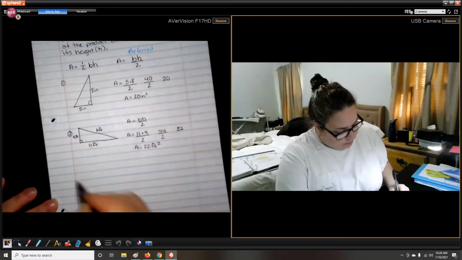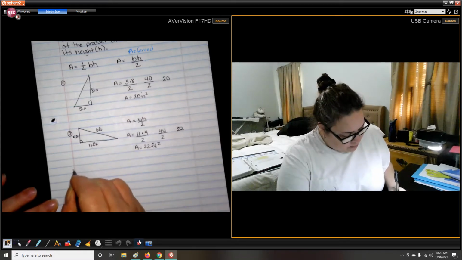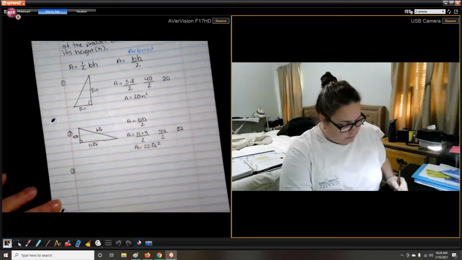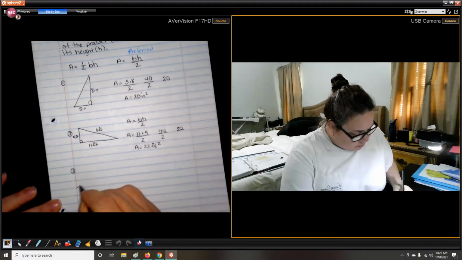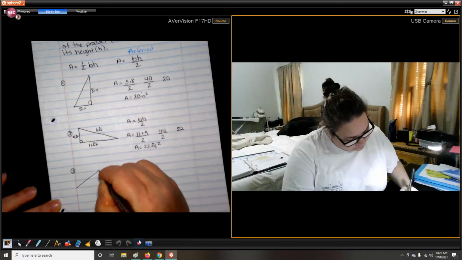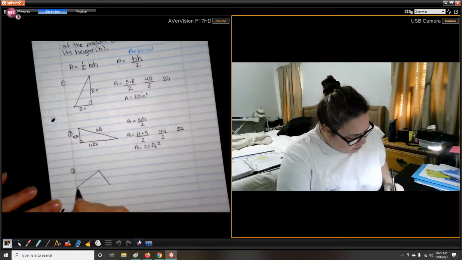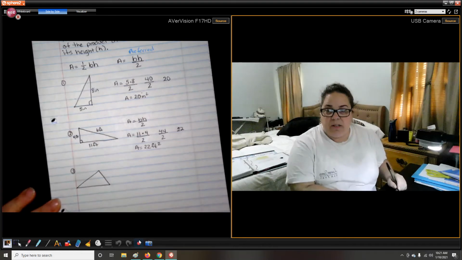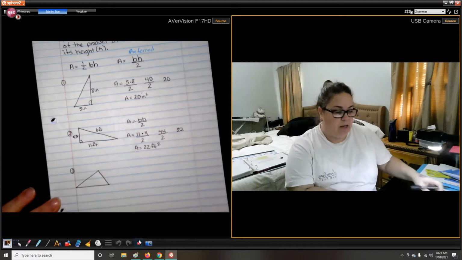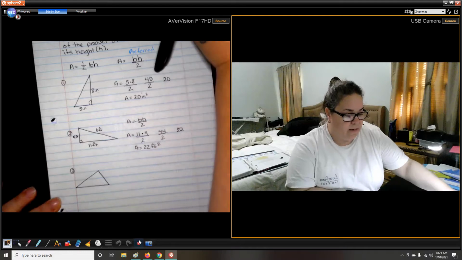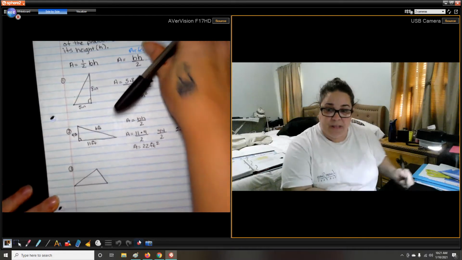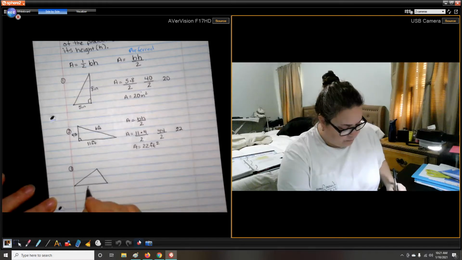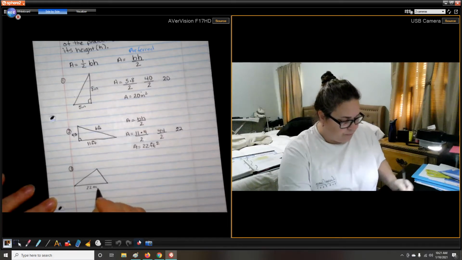Or maybe 2 more. Let's see. Okay, so this one will be number 3. And this one's kind of a funky one. It's not quite a right triangle like those others, right? Okay, so this time, again, I know that this is my base, 22 meters.